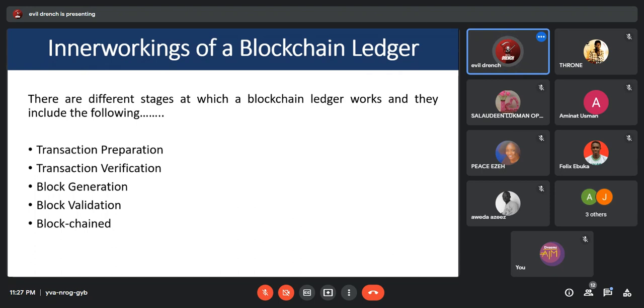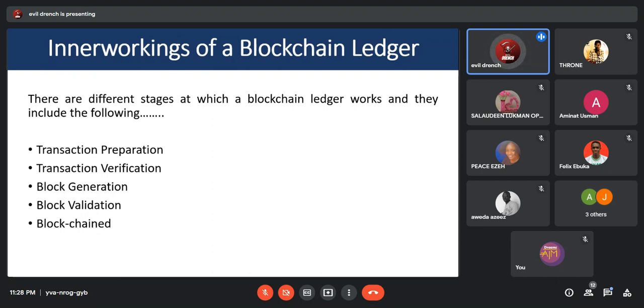So then the block generation comes in, right? The queued transactions, which happened when the transaction verification process finished, are now arranged together and form a block by one of the nodes on the network. So in a Bitcoin blockchain, Bitcoin is rewarded to a Bitcoin node, also known as the miner.